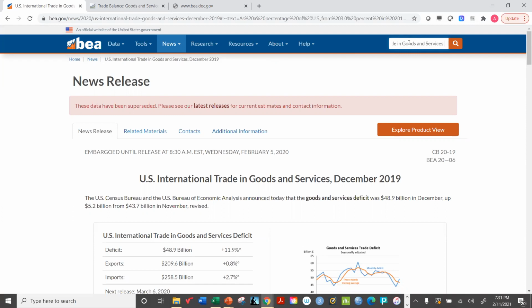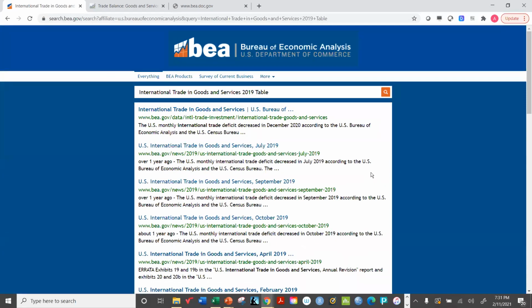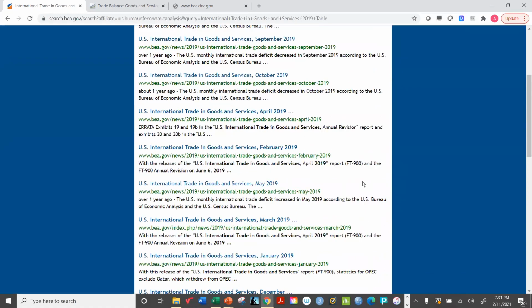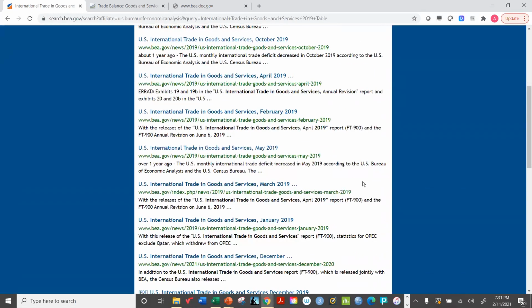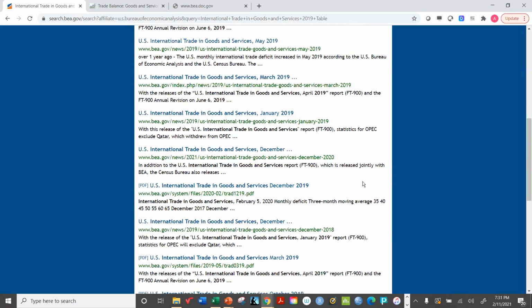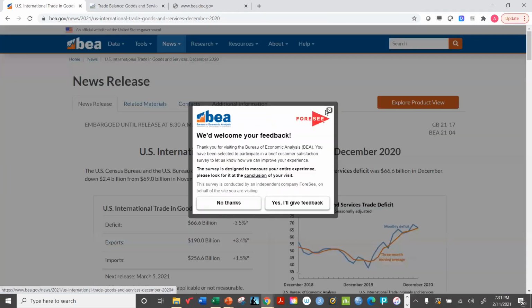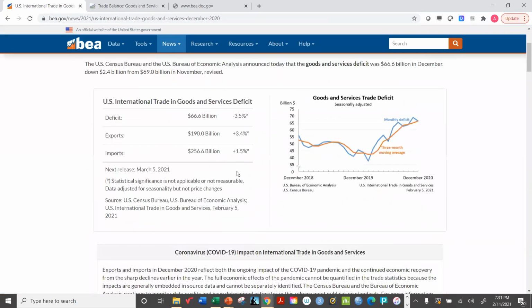See where they have hidden it. 2019 table, let's say. Yeah, see, this is still just this summary.